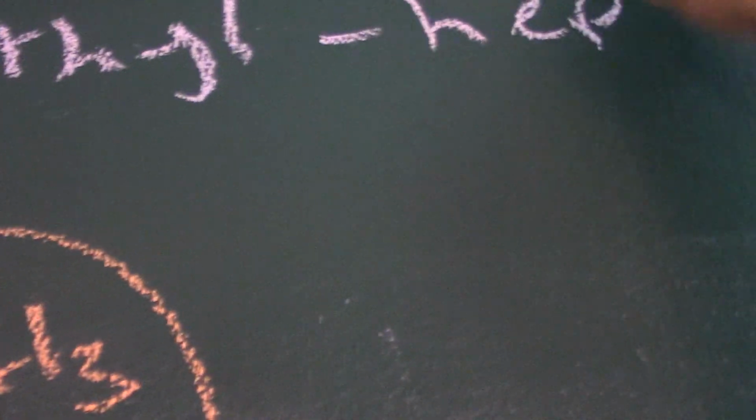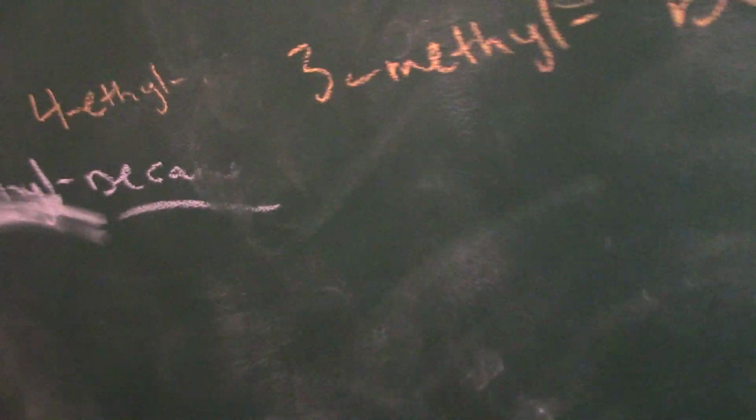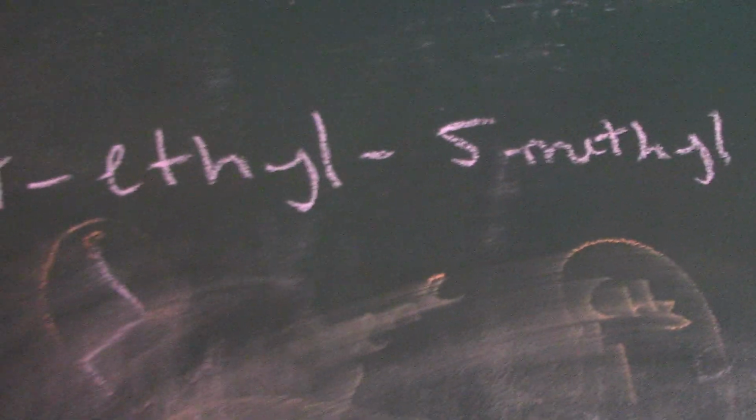Okay, so 4-ethyl, 5-methyl, and this is going to be hept-3-ene. So that is a double bond. Okay. All right, 4-ethyl, 5-methyl, hept-3-ene.